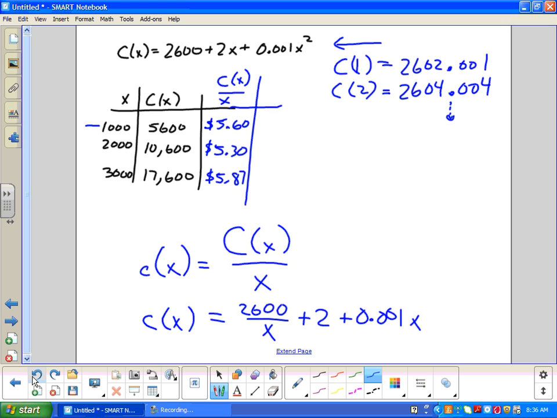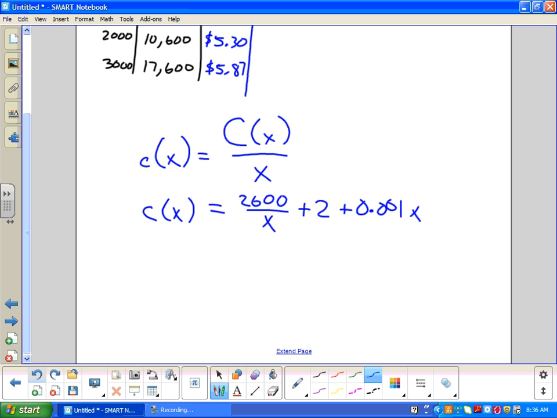Well, what do I want to do? I want to optimize the cost per one part. So what do I have to do to this cost per part? Take the derivative. All right? I want to optimize it. And I'm not going to spend a whole lot of time here doing this. If I do this, I can get little c prime of X equals negative 2,600 X to the negative 2 plus 0.001.